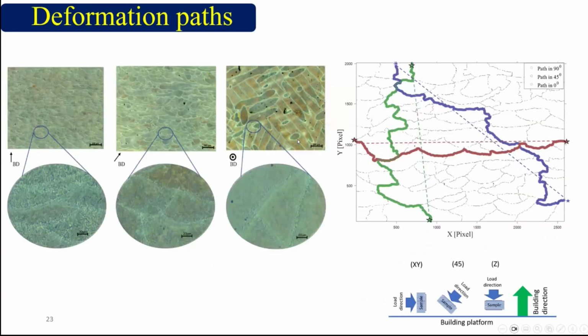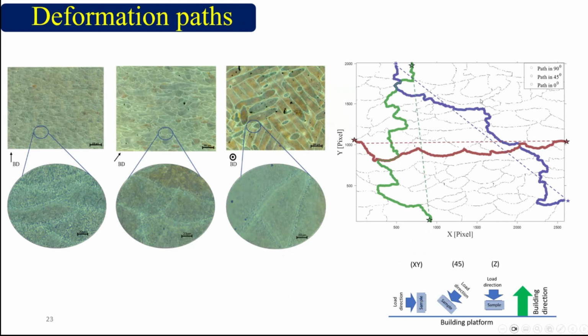And we wanted to quantify it. So we exposed the microstructure and we calculated the normalized crack path. What is this normalized crack path? It is the path between 2 points, regardless of the orientation, that follows only the melt pool boundaries.